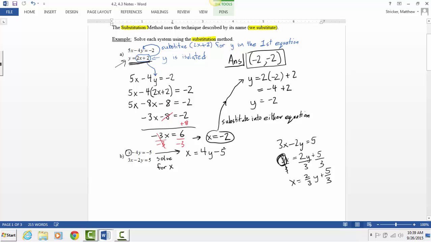Then I'm going to take what x is equal to, 4y minus 5, and plug it in for x in the second equation. Remember, when we plug in, we use parentheses, so this is going to be 3 times x. Here's our parentheses, but x is 4y minus 5, and then we have minus 2y equals 5.